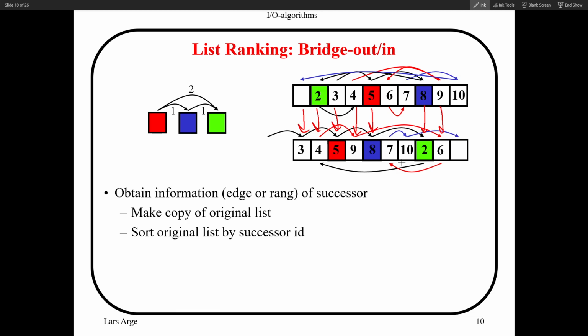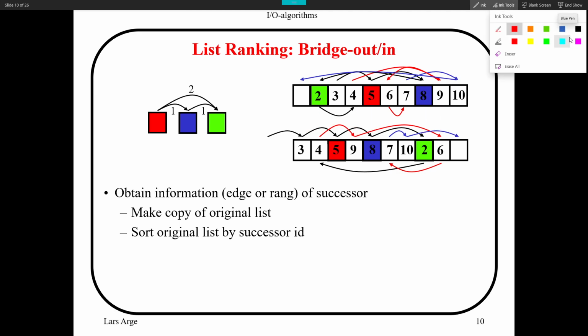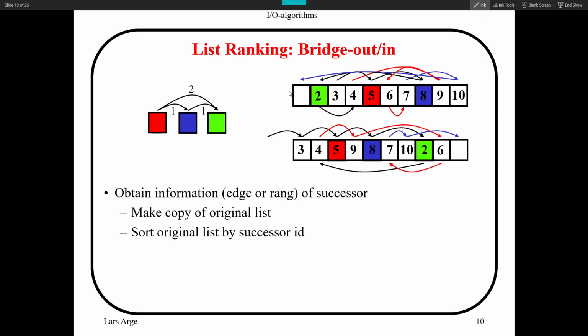Okay. And because of this property, I could just read these two lists block by block at the same time, and I get this successor information. For example, assume that the block size is 3. I read one block from this list and one block from this list. Then I'll know that since 2 is pointing to 4, and I have 4's information, I know that 4 is pointing to 9.